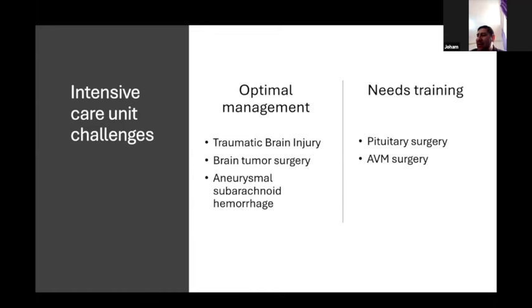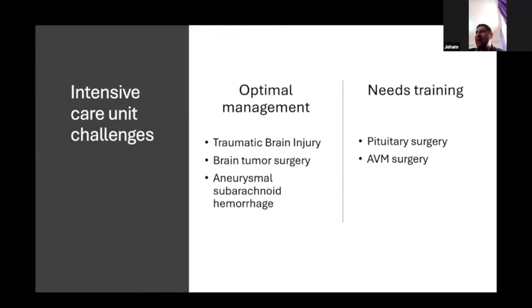So we had to train the personnel so the patients were well treated.